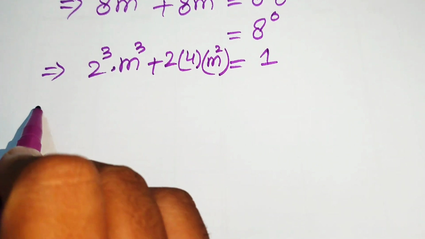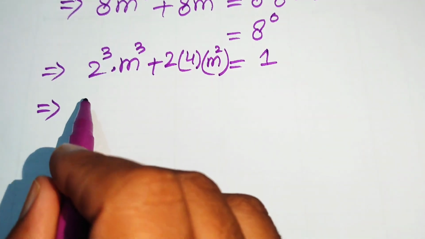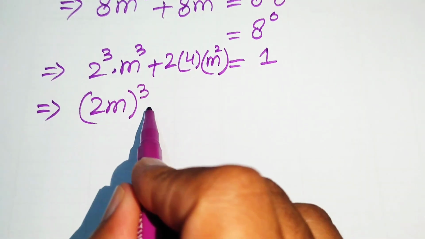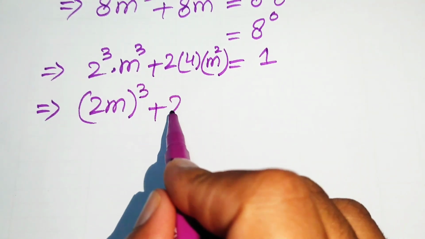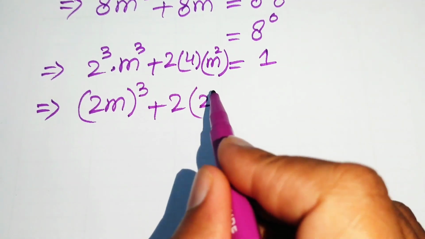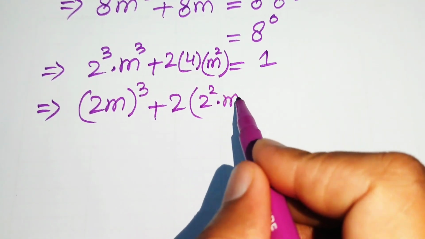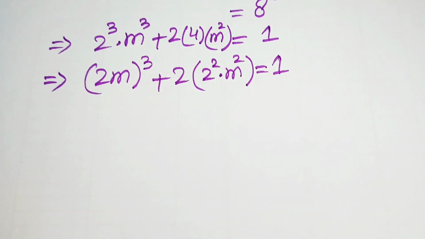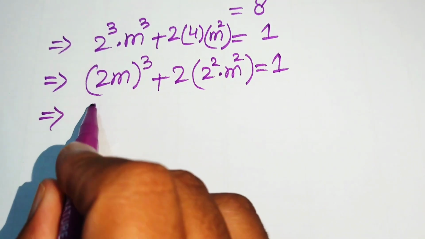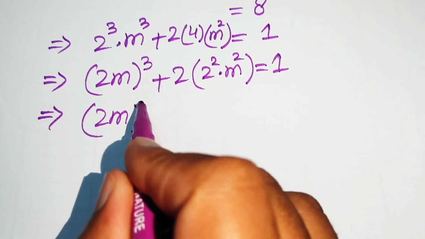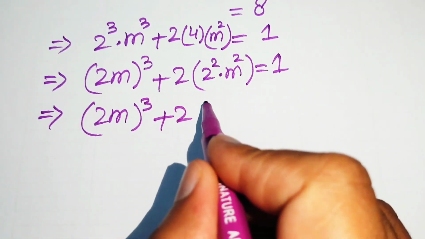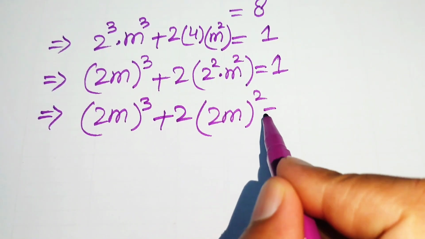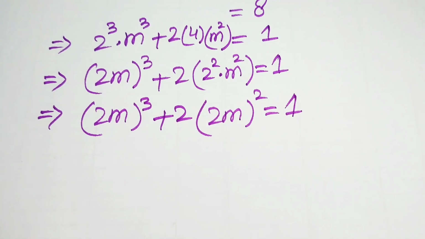Now in the next step, we combine the cubes of these two terms, and it is written as (2m) whole cubed, plus we write this 4 as 2 squared, times m squared, and this whole equals 1. So now we have (2m) whole cubed plus 2 times (2m) whole squared equals 1.